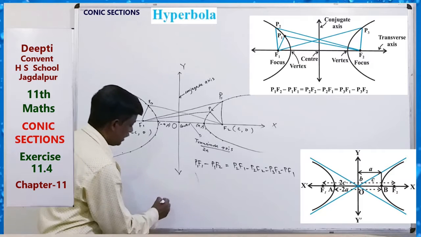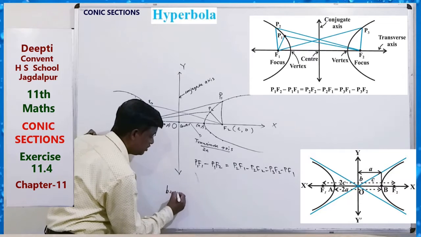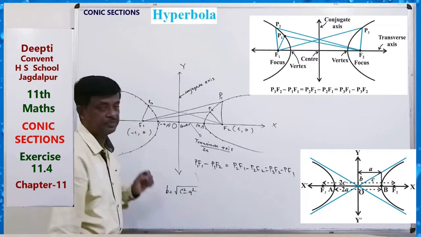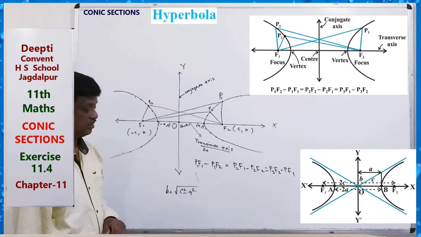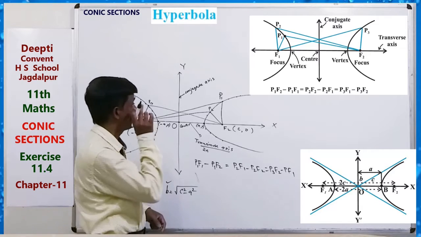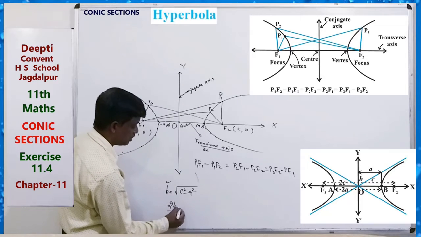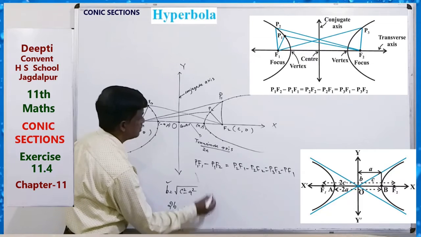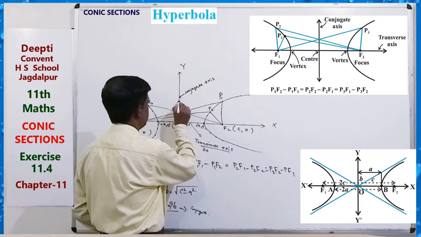We define a quantity b equal to root of c square minus a square. This is called the semi-conjugate axis, and two times this is called the length of the conjugate axis.